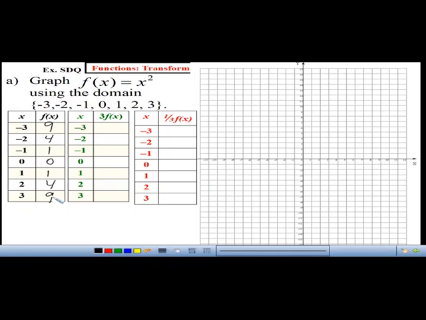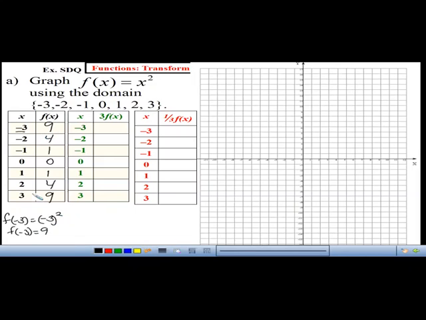Now, some of you are like, Mr. Hugh, where did you get that from? Well, if I write my function down here, f of parentheses equals parentheses squared, and my first value is -3, then f of -3 equals -3 squared, which is 9. That's where I get the 9.